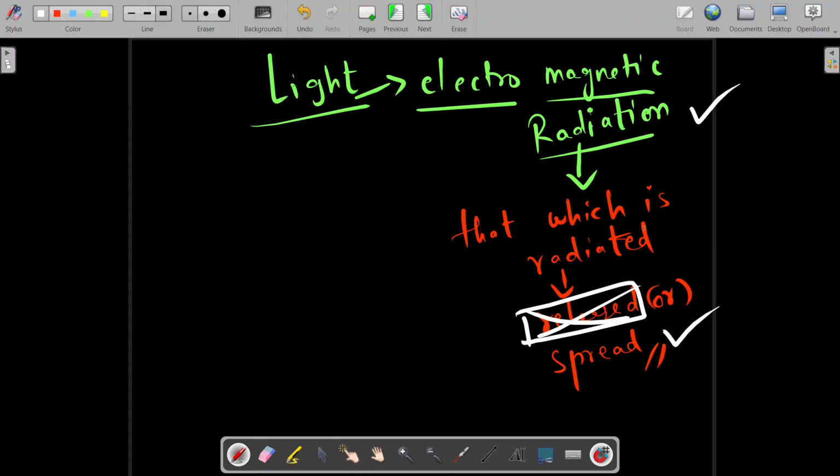Okay, we learned the radiation. What is electromagnetic? Actually, this is not a concept which you have already learned, so I don't want to go inside it. In the electricity chapter and the magnetism chapter, what we have in the 10th class, that is magnetic effects of electric current, and electricity is another chapter, right?